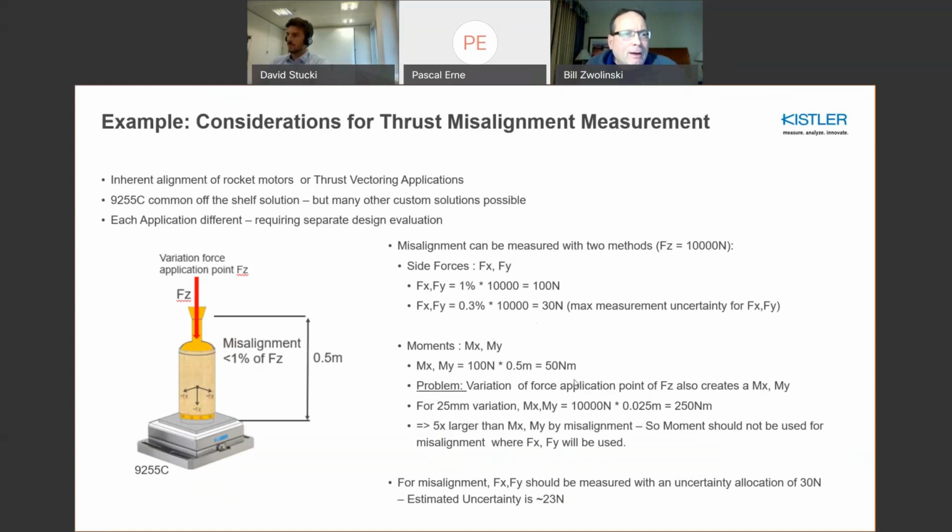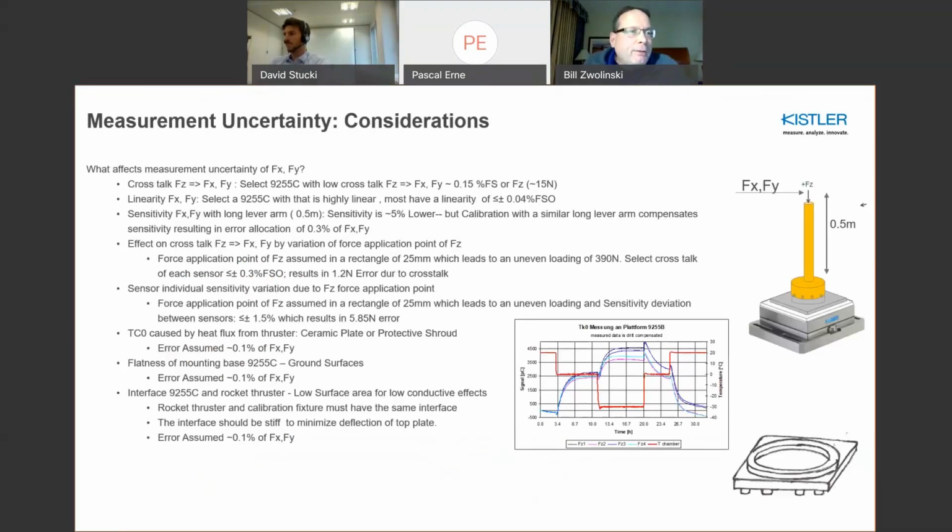Usually the inherent alignment of rocket motors, or maybe it's a thrust vectoring application, a lot of times in these applications you're using standard dynamometers. It could be even a custom dynamometer that's built on site, or so forth.